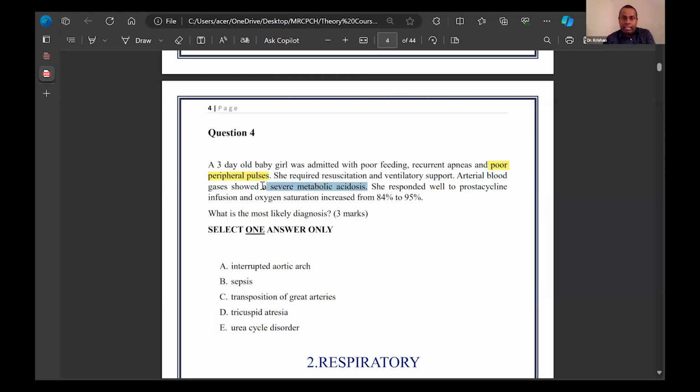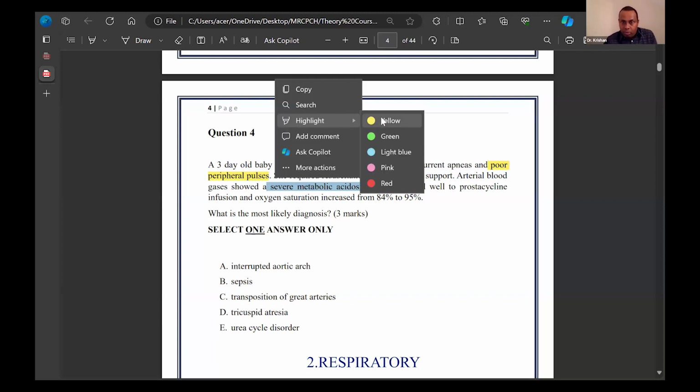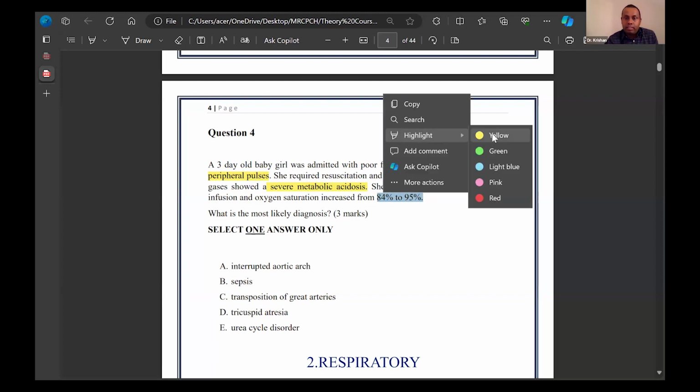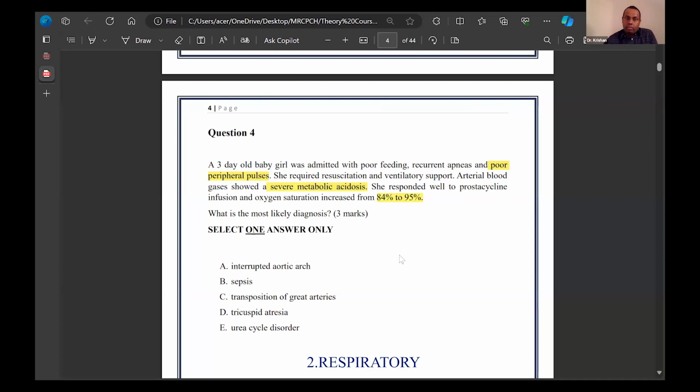This means that the peripheral perfusion is not good, so she is hypoxic, and lactate is produced due to anaerobic oxidation. Prostaglandin infusion caused saturation to increase from 84% to 95%. So what is the likely diagnosis?